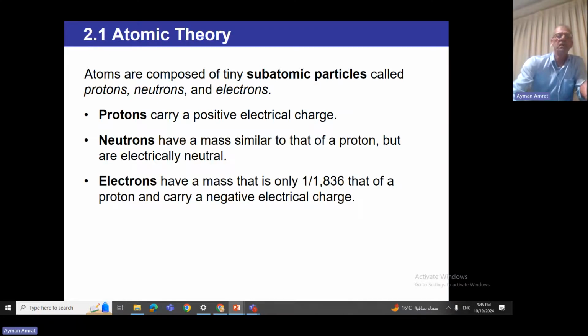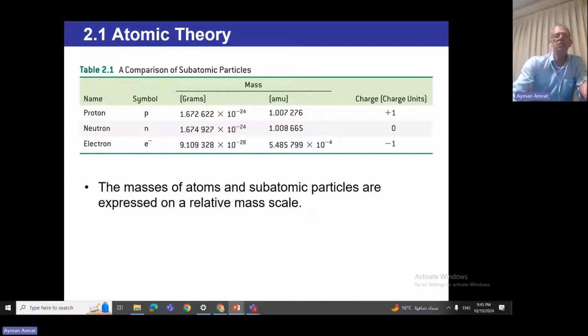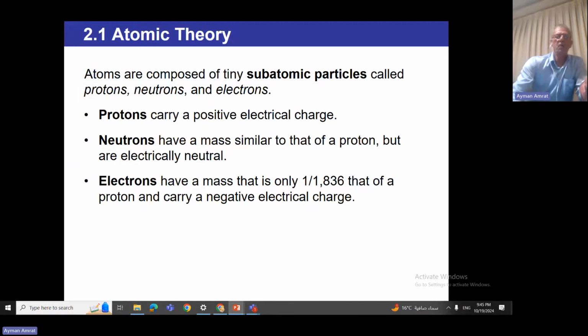Electrons have a tiny mass relative to the mass of neutrons and protons. The mass of electrons is so negligible relative to the mass of neutrons and protons.